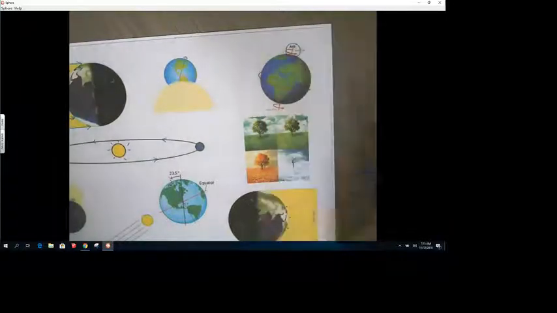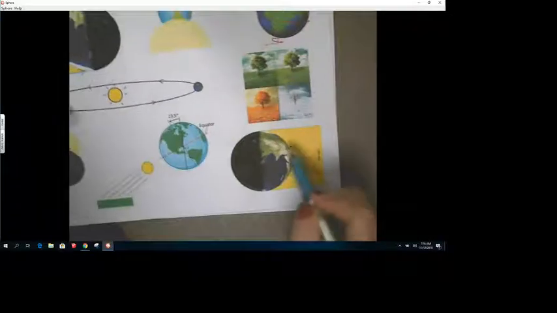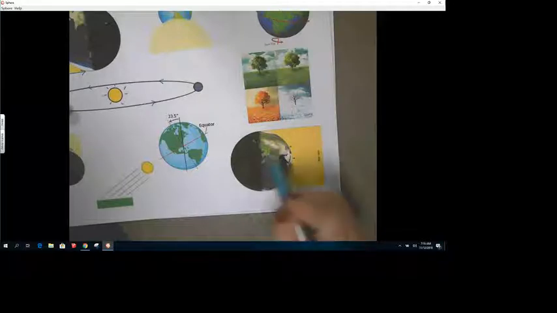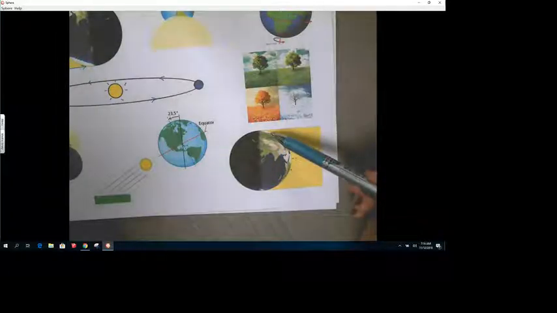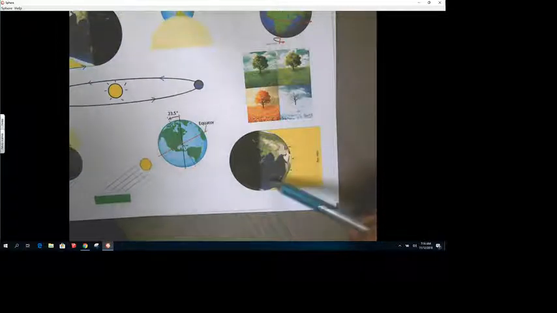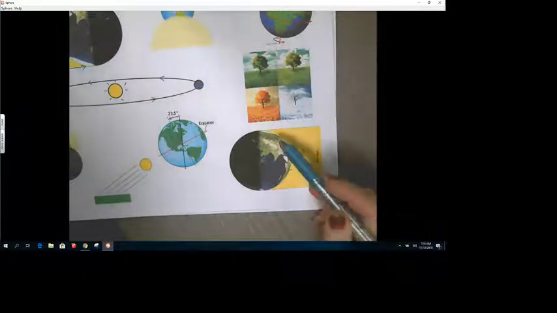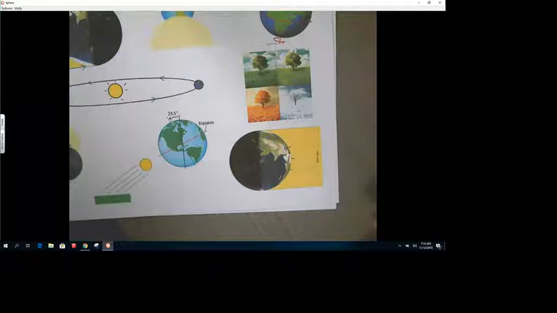If the earth was not tilted on an axis, we would not have seasons. Because then as this turns around, every area would receive the same amount of sunlight all day, every day, all year long. But because it's tilted, we get different amounts of sunlight in different areas. So if we didn't have the tilt, we wouldn't have seasons.